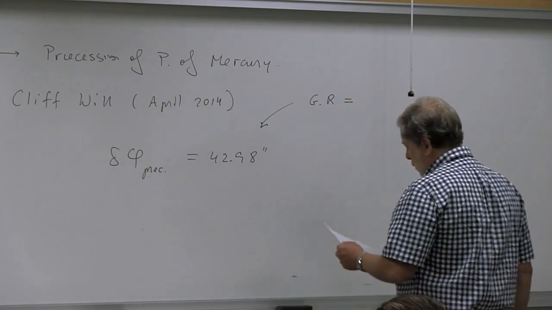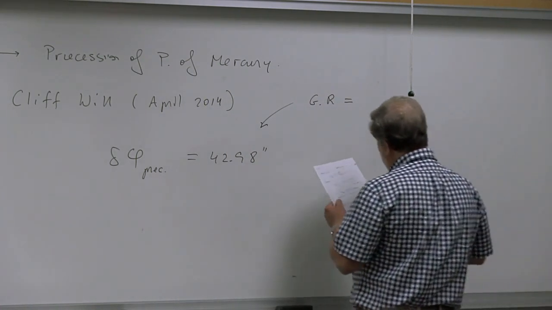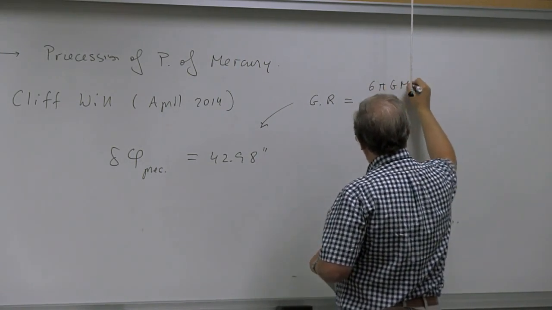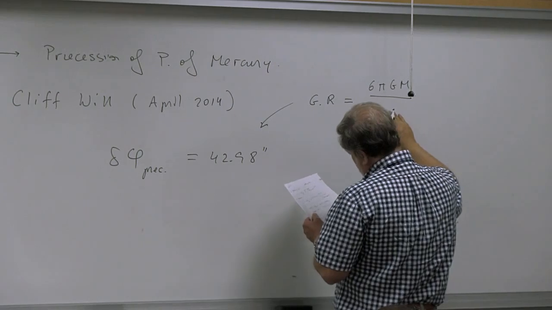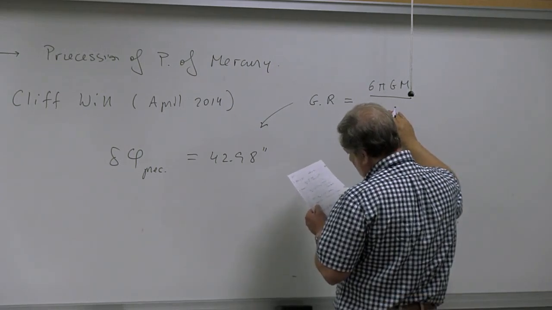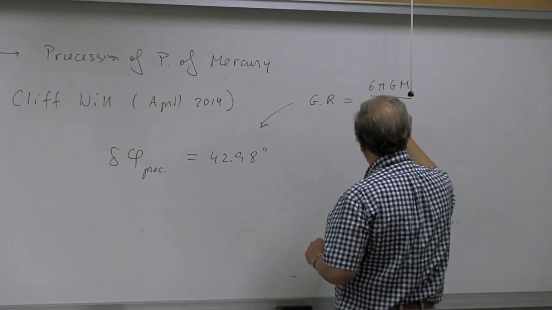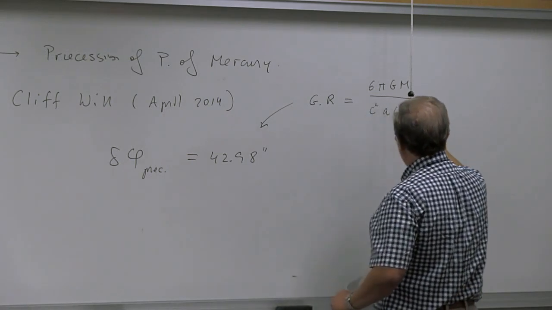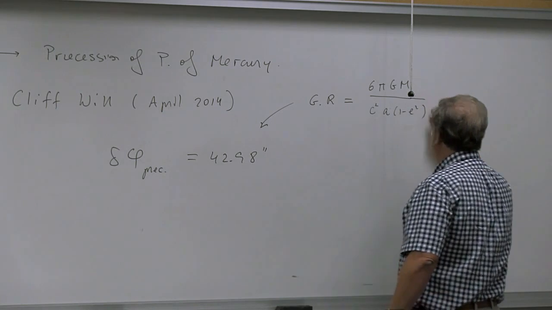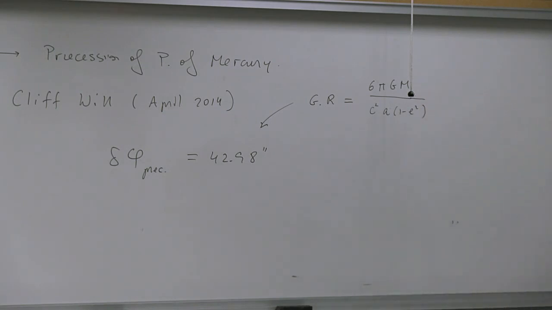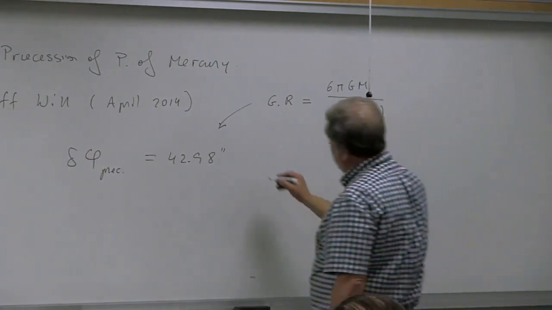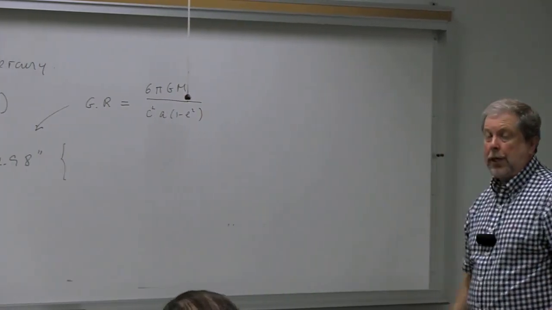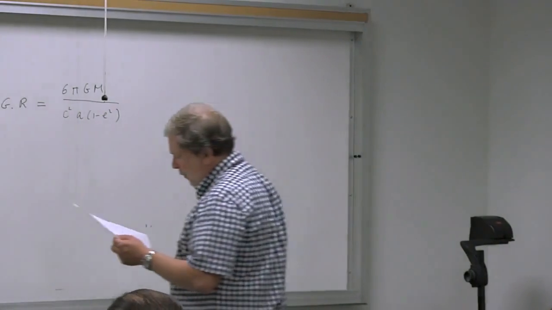Right, and the GR answer was, remember, was equal to 6 pi GM divided by c squared times a times 1 minus e squared, where a is the semi-major axis and e the eccentricity, and times the corrections that come from these Robertson parameters.